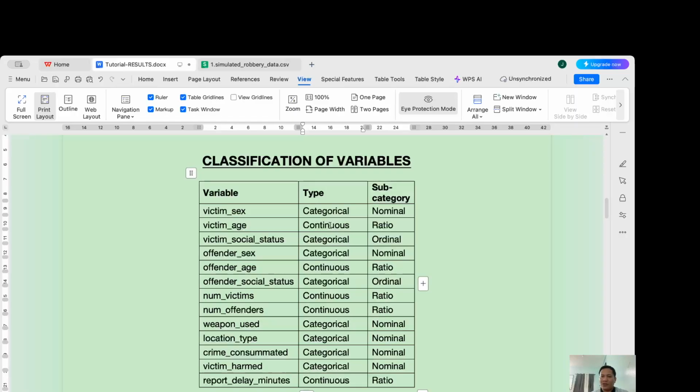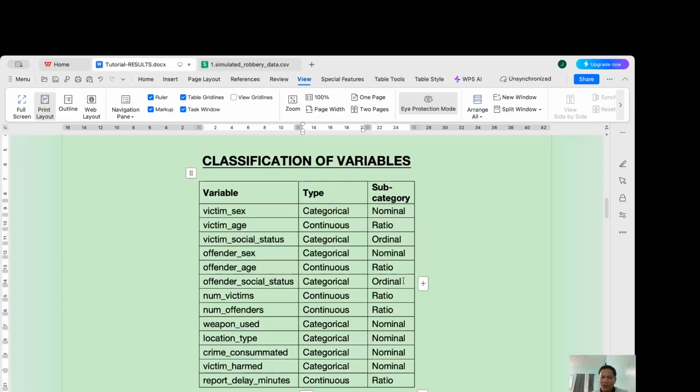So it is continuous from 0, 1, 2, 3, 4, 5 until the oldest age. And the subcategory is ratio because there's a 0. Let's go back to categorical. There are nominal and also ordinal.